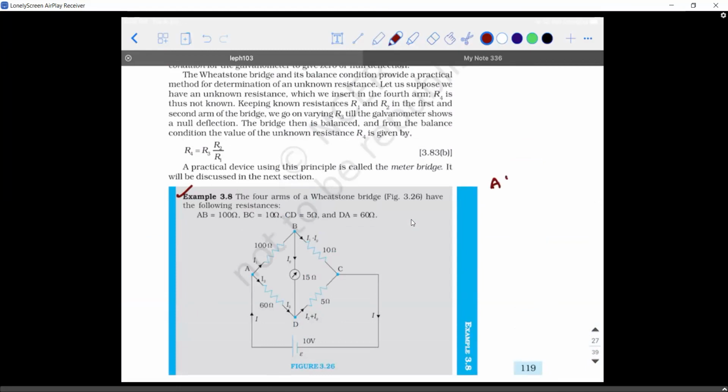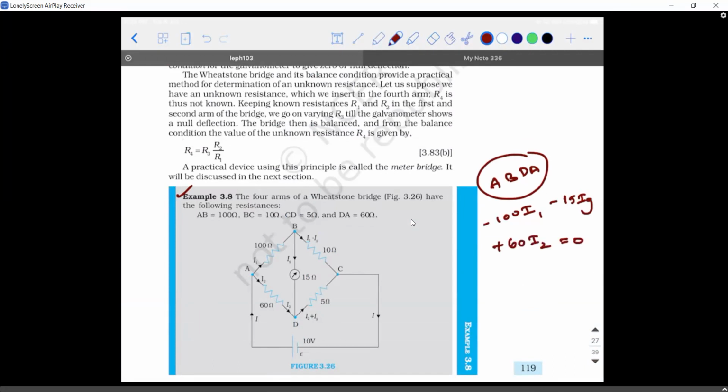If I take loop ABDA, when I go from A to B, it is minus 100 into I1. When I go from B to D, it is minus 15 into IG. When I go from D to A, it is plus 60 into I2 is equal to 0.